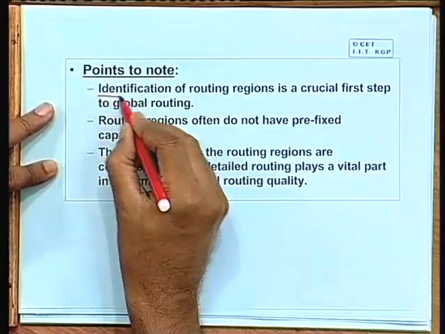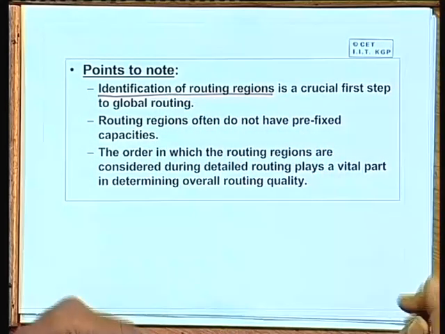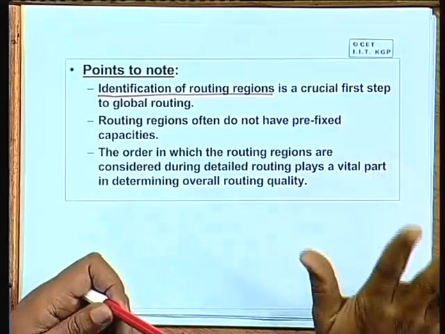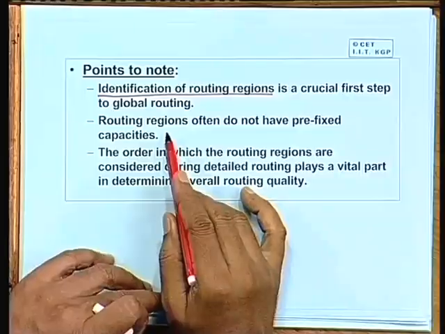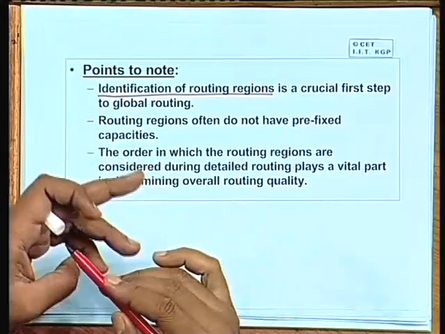Now, before we actually start the process of global routing, this identification of routing regions is extremely important. And in most design styles, of course, we are not talking about FPGAs and gate arrays. Other than FPGAs and gate arrays, routing regions do not have prefixed capacities, because if you see later that the space becomes a little less for routing, I can always shift the blocks up to make a little more space.